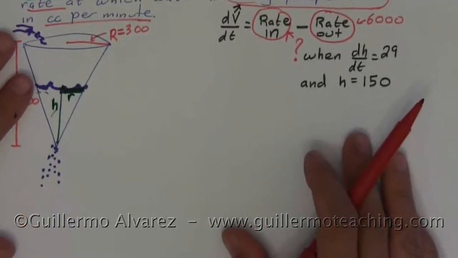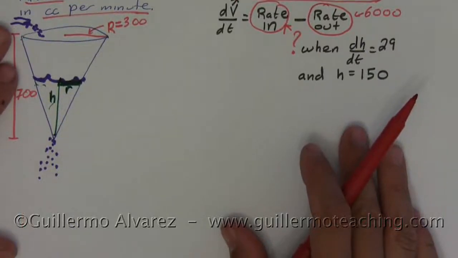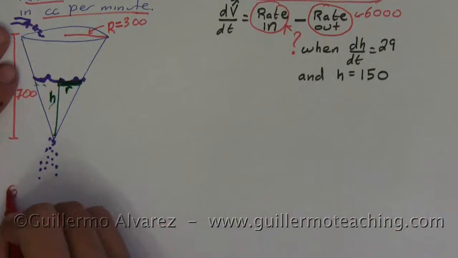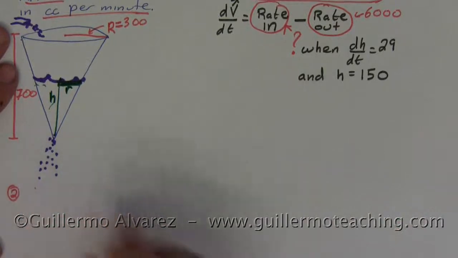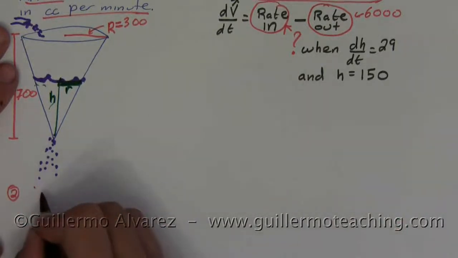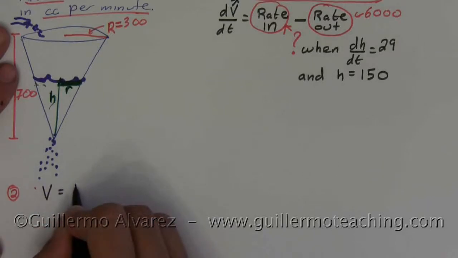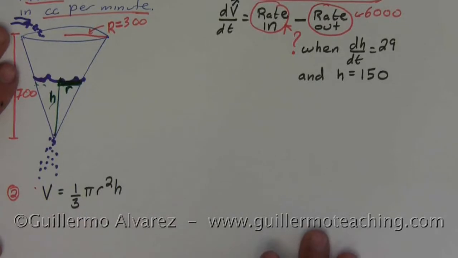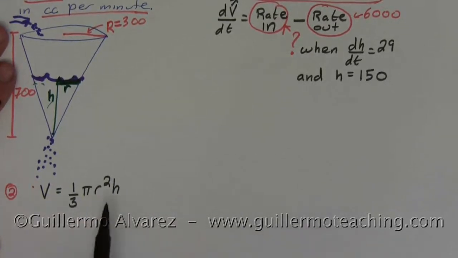Our formula that relates all of our information is going to be the formula for the volume of the cone. The volume of a cone is equal to 1/3 pi r squared times h. Okay, so here we have a little situation.